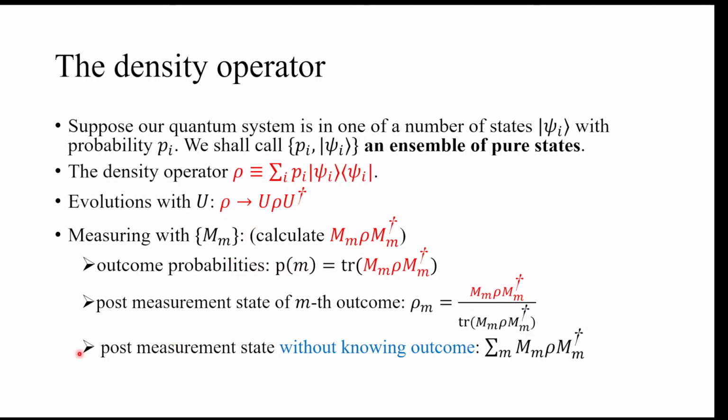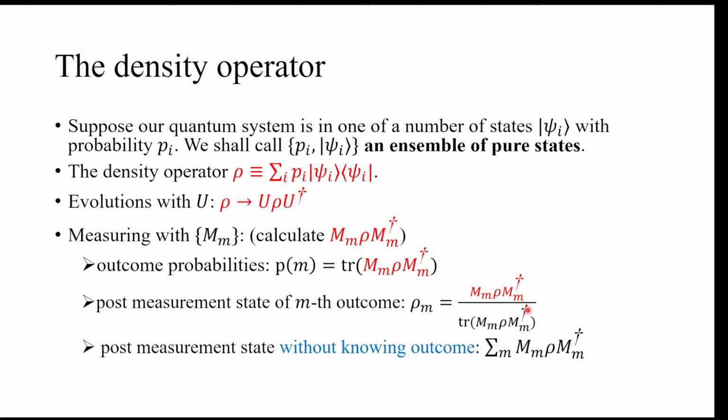Okay. But here we also have a different thing: you can do a measurement but not look at the outcome. Then the post-measurement state will be a mixture of states distributed with this probability, and you see it's actually a simpler form, just the sum over m of M_m rho M_m dagger.